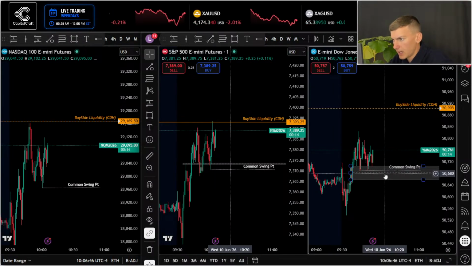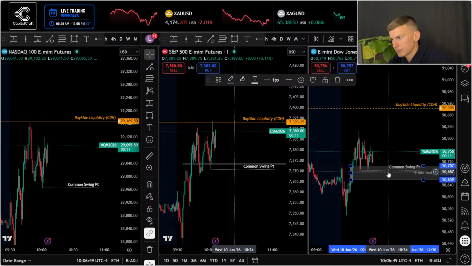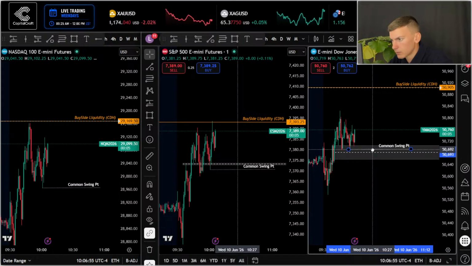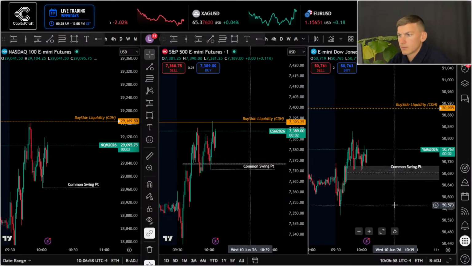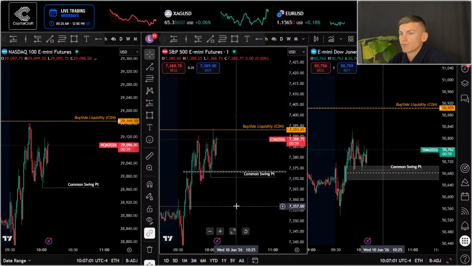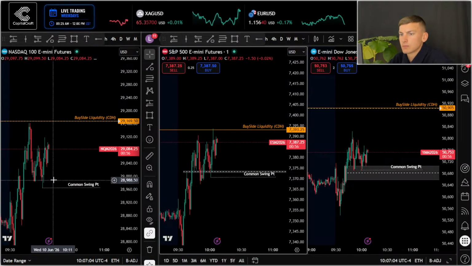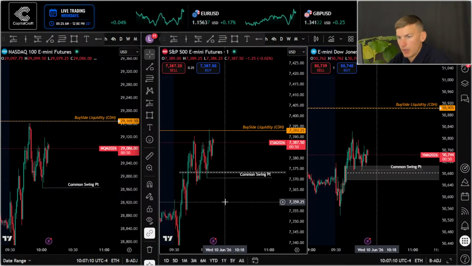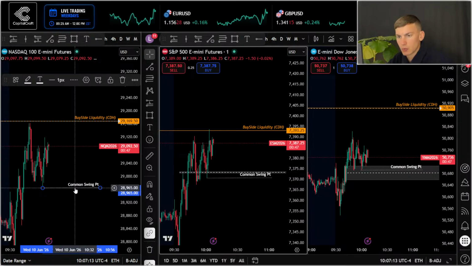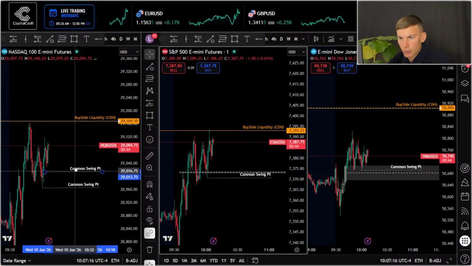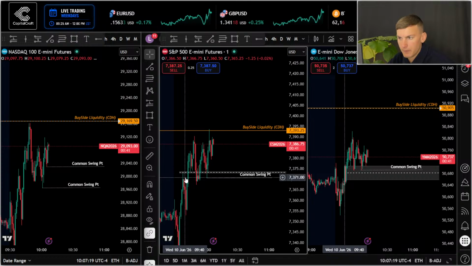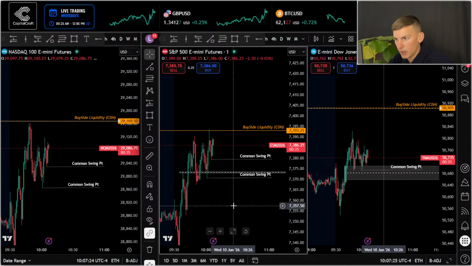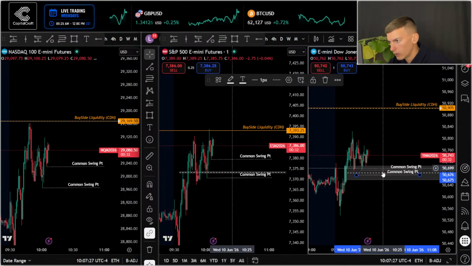I've just updated my swing points here. Let's put that back. See, there are many common swing points happening now. I mean, there's one there, there's now one over there, and we are going to be monitoring all of them, and the reason is that we can perhaps see if we can't sculpt the market to go long.